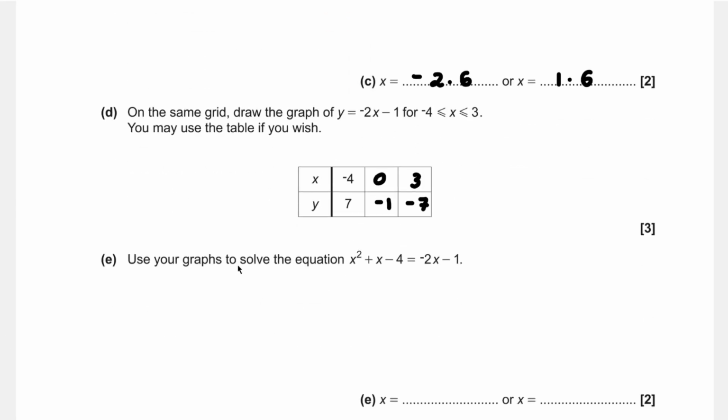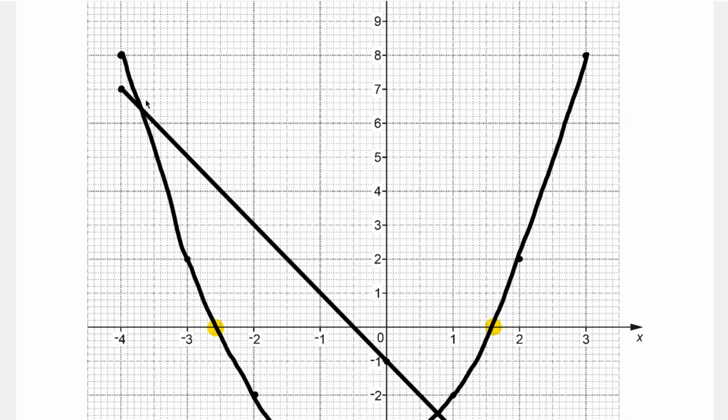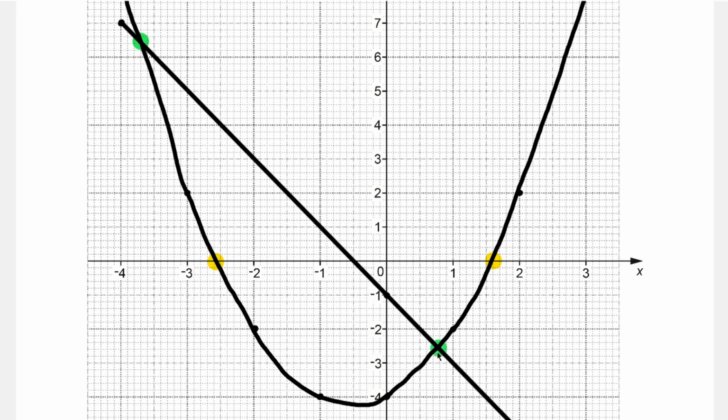And then for part A we have to use our graphs to solve the equation x squared plus x subtract 4 equals -2x subtract 1. So that's where the graphs intersect. And they intersect here and here.